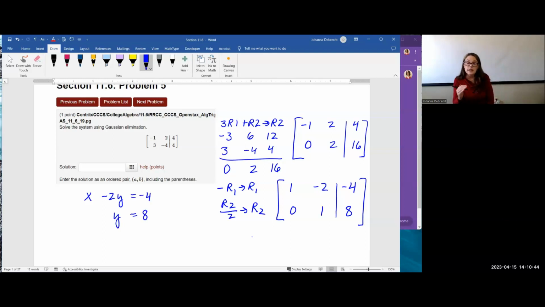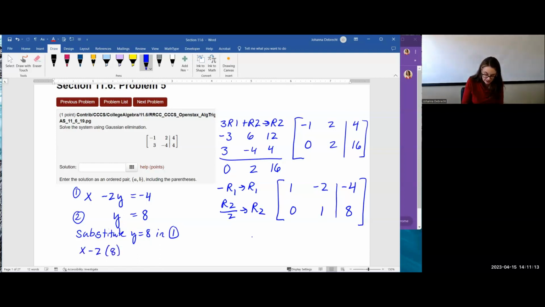All right, so the second row tells me what the y is. It's 8. And then I can take that and use substitution into the first equation. So I'm going to call this 1, I'm going to call this 2, and I'm going to substitute y equals 8 in equation 1. So this gives me x minus 2 times 8 equals -4.